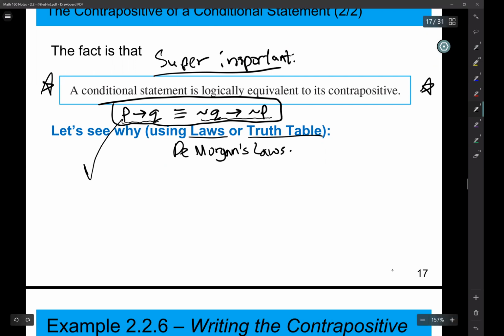So let's work on the left side. The left side is P implies Q. Remember, that's logically equivalent to not P or Q. Okay. So what about this one? Well, let's work on that. So not Q implies not P. Using the or form, the or form of that would say not not Q or not P. This is the or form.